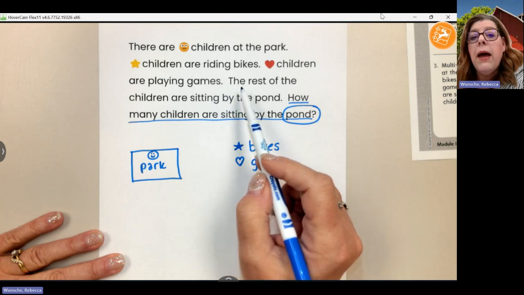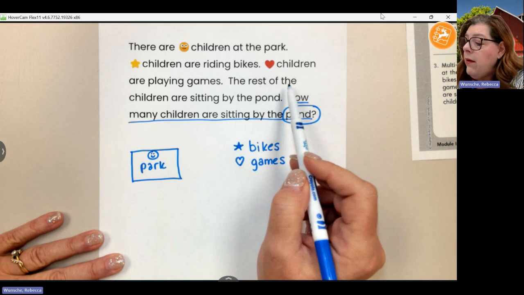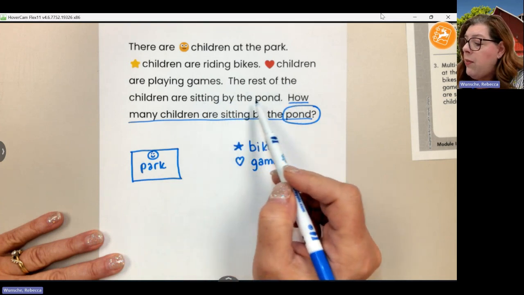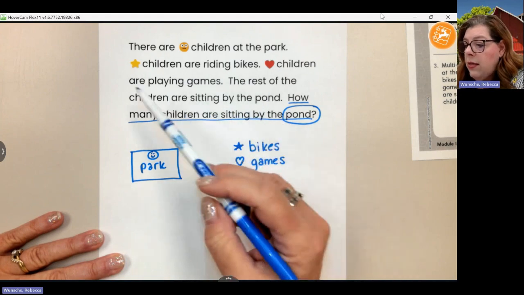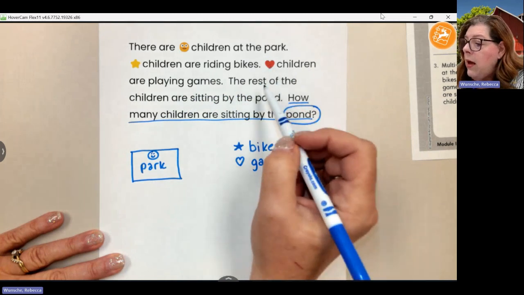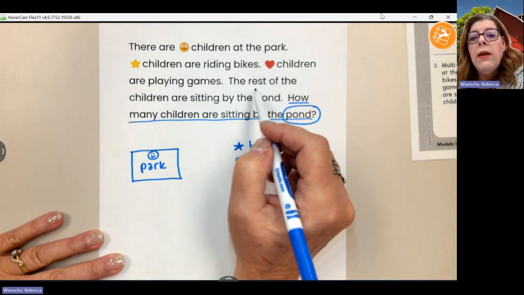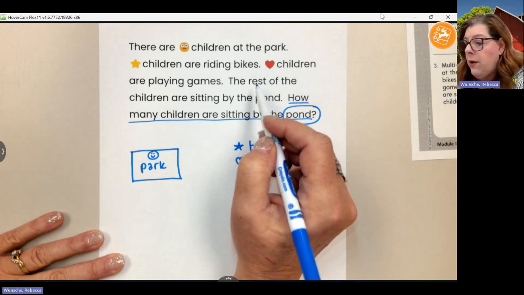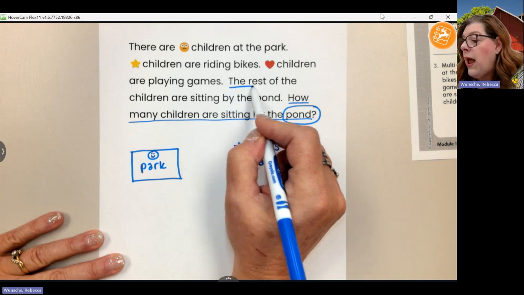So now I'm going to go back to the next sentence where it says, the rest of the children are sitting by the pond. Okay, I don't have a symbol here. I don't have something telling me a number or in place of a number, but I do have a very important word here. I have the words, the rest.